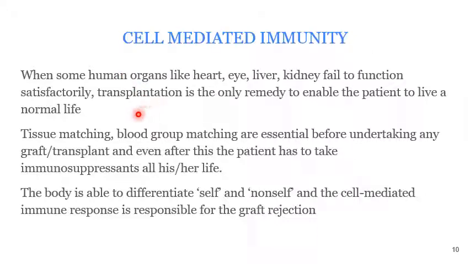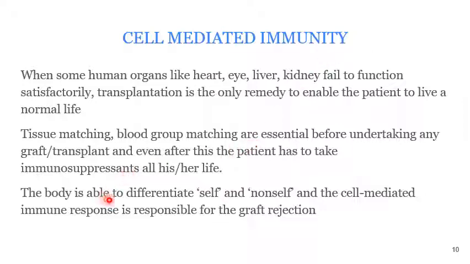At the time of grafting, if the cell-mediated immunity is very strong, it may reject it. So doctors will have to match the tissues, they match the blood group, and they find out whether the body can accept it. So donors' organs will have to be accepted by the body, and that depends upon the cell-mediated immunity.